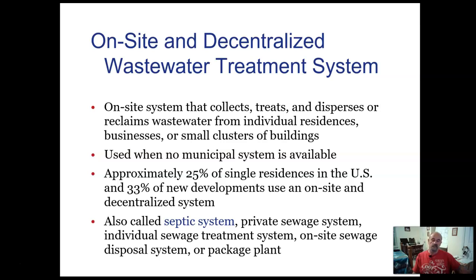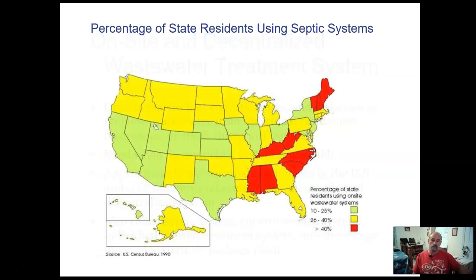These are also called septic systems or private sewage systems, individual sewage treatment systems, or on-site sewage disposal systems, or a package plant. More than 40% of the population within the red states use septic systems. South Carolina, the location of the Palmetto Project, is a red state too.